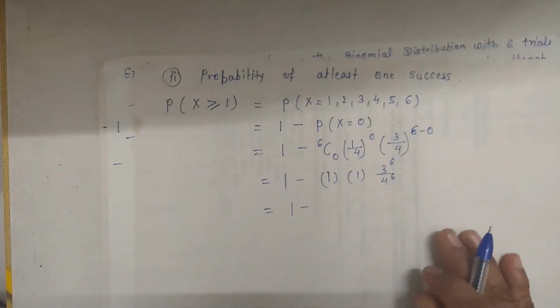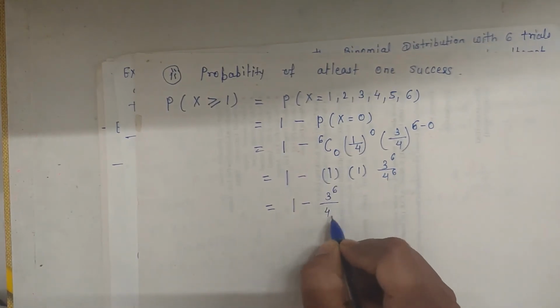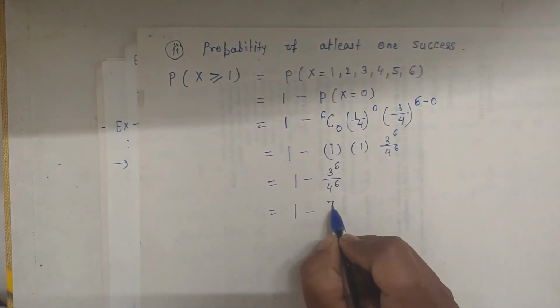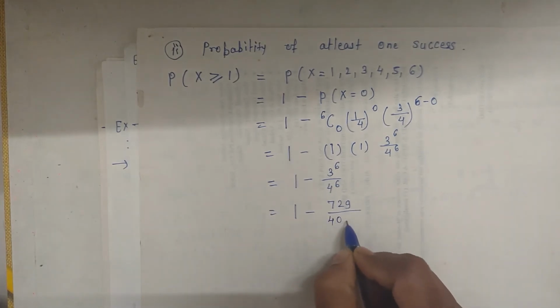Therefore 1 minus 1 into 3 raised to 6 upon 4 raised to 6. Here the value of 3 raised to 6 is 729, so 1 minus 729 divided by 4096.